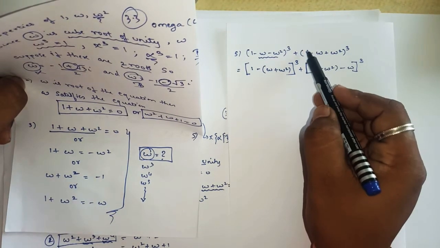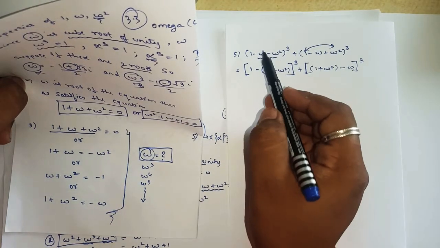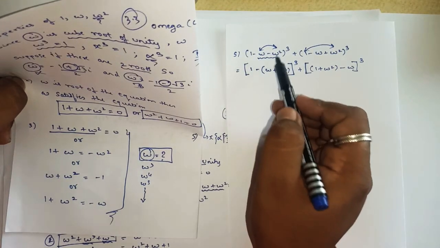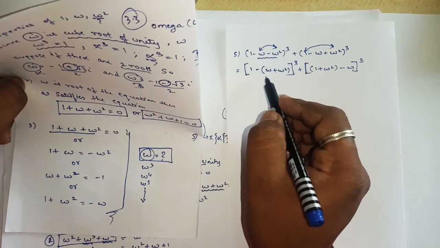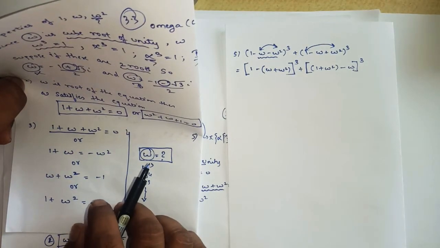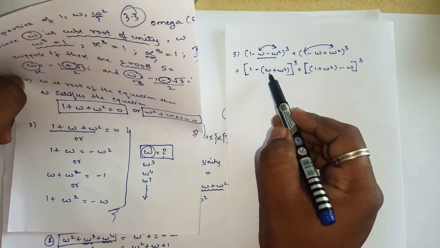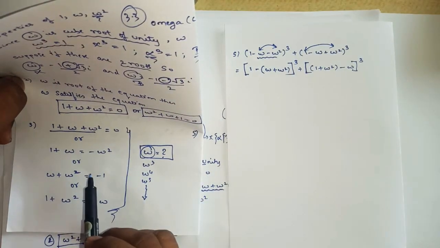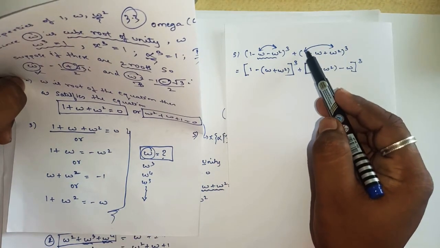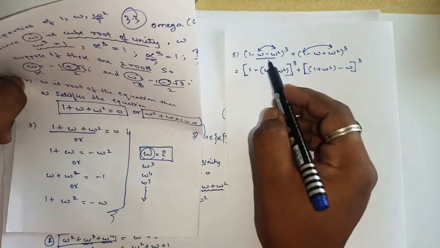So that's why I brought these two terms together, and here I took minus as common, just to get the formula and easily substitute the value. We can write w plus w square in place of that as minus 1. So here I brought 1 plus w square in one bracket and kept minus w as it is. I hope you all understood this step.